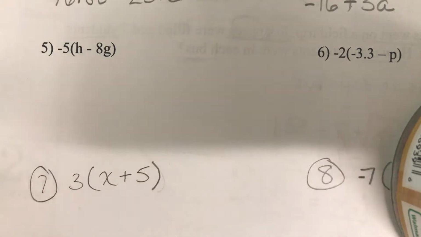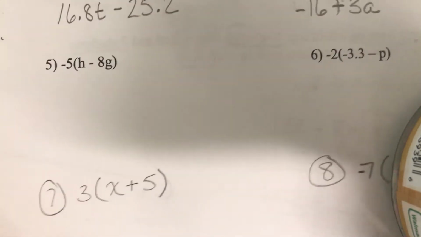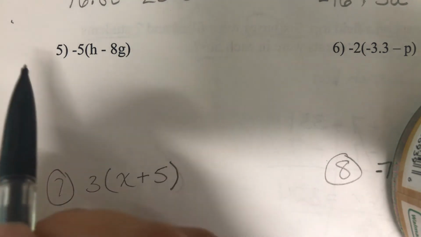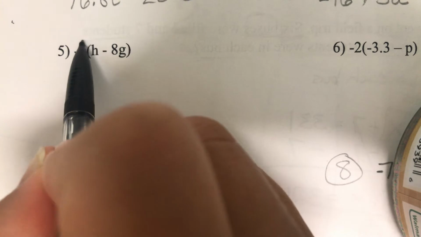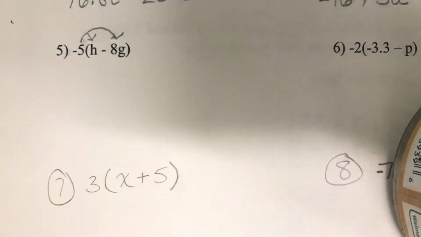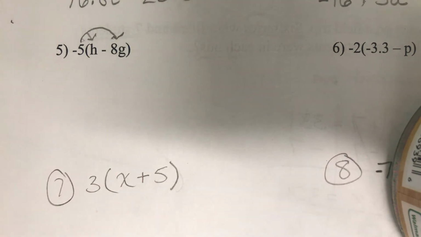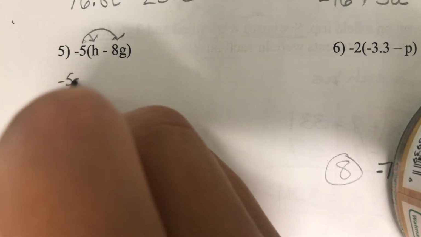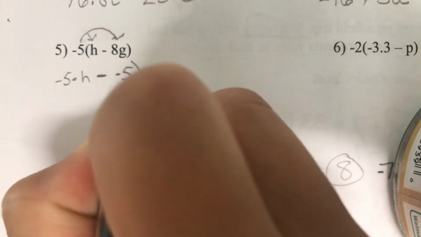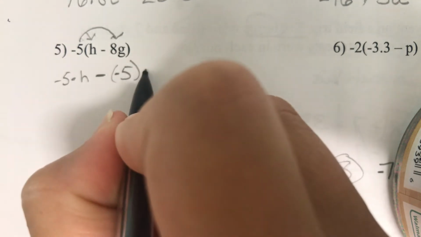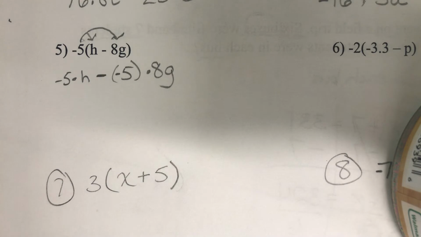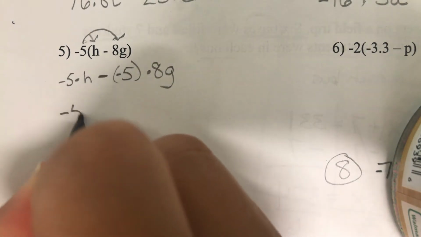Again, I added in a 7 and an 8. Those will come up in your questions that you need to answer. If you're feeling comfortable, pause it and try this one out. So I've got -5 times h minus a -5 times 8g. -5h.